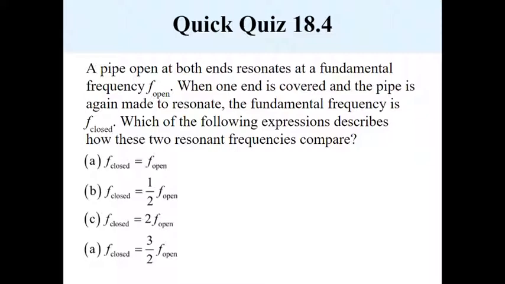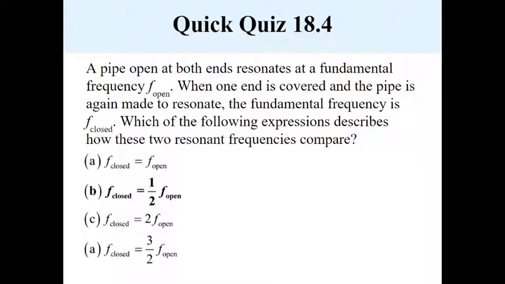Either way, because these are two nodes, it means that they are a half wavelength away from each other at the fundamental frequency. For the pipe that's closed on one end, there's a node and an antinode, so they are a quarter wavelength away. The boundaries of the open pipe are a half wavelength away.